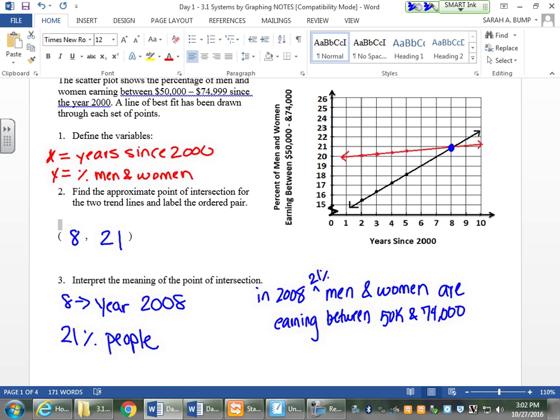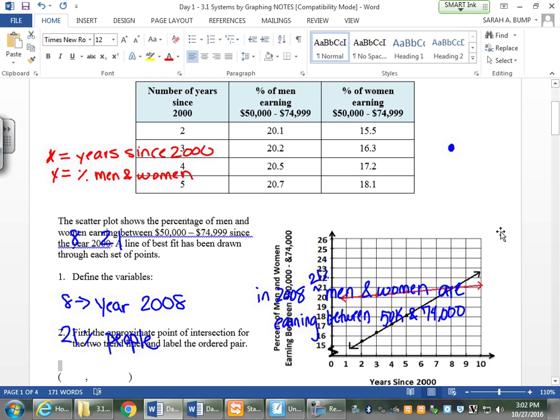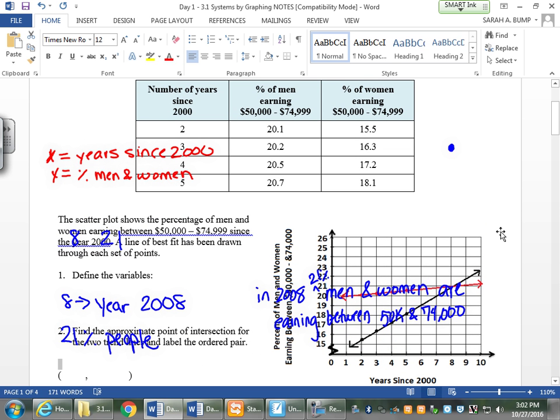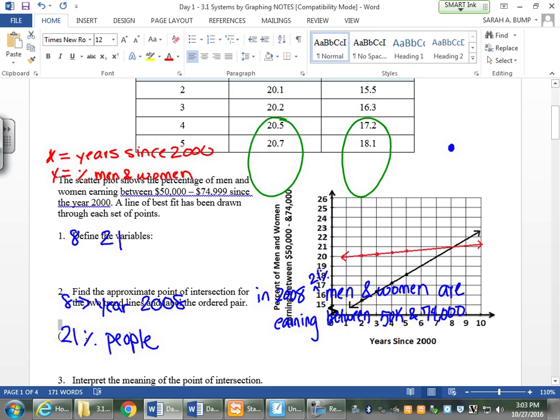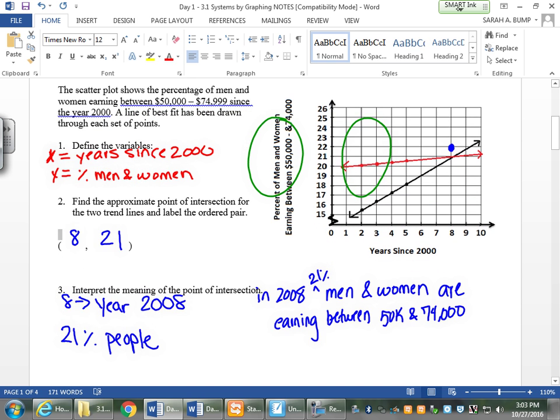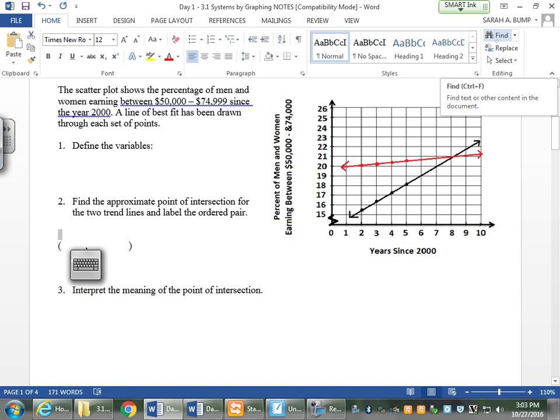So if we look at this graph, and actually the table, I'm going to scroll up for a second. You'll see that the percentage of men, these percents started higher, and the percent of women started lower. So therefore, on this graph, if men started higher, would men be the red line or the black line? Okay, they would be the red line.